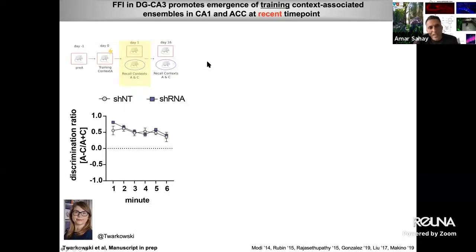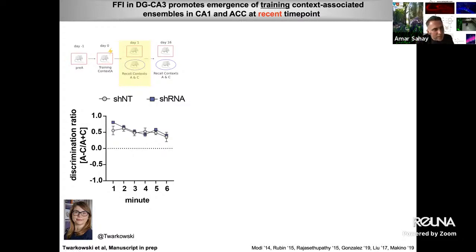When Hannah took these animals and returned them following fear conditioning a day later, on day 1, to the training context or the neutral context, she found, consistent with our prior work, that both groups of animals exhibited high levels of discrimination between the training context and this neutral context, context C.